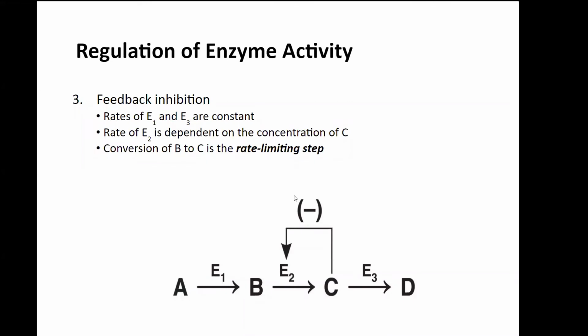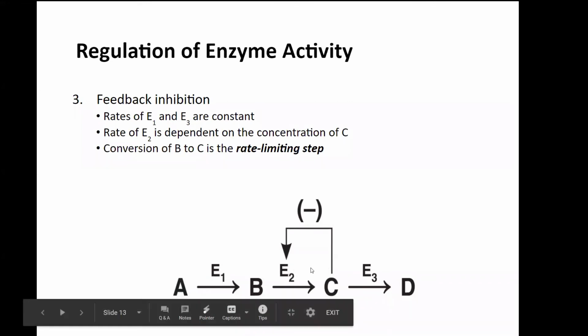So here in this diagram, B to C, this middle step, is going to be our rate limiting step. So if we turn off B to C, if we were to turn it off completely, we can't convert C to D because we needed to go from B to C in order to have any C to convert.